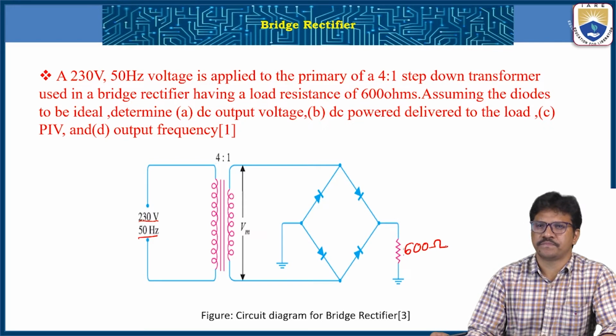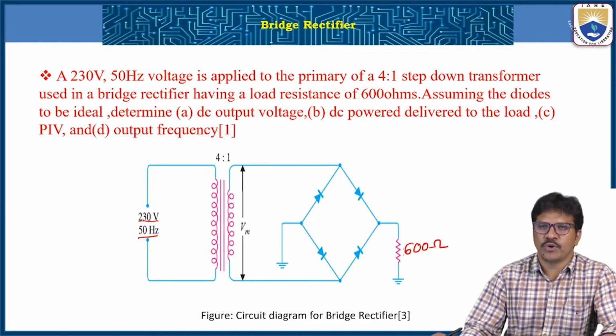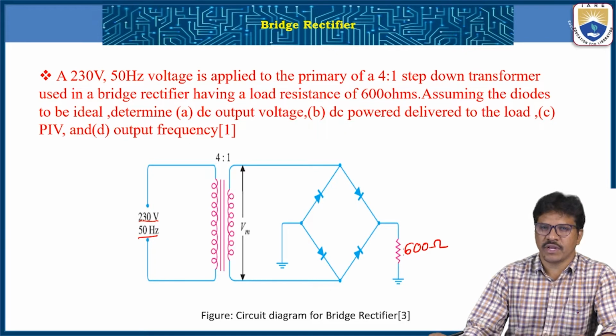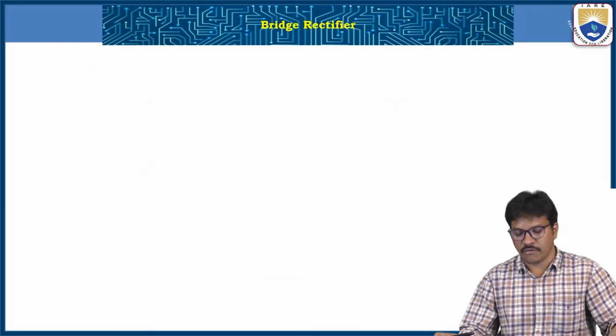Assume the diodes to be ideal. If not ideal, we need to consider the internal resistance of the diode and of the secondary coil. Find the DC output voltage, DC power delivered to the load, peak inverse voltage, and output frequency. If required, we need to find the ripple factor and everything.